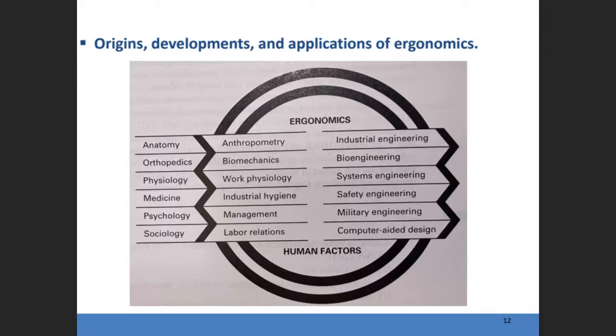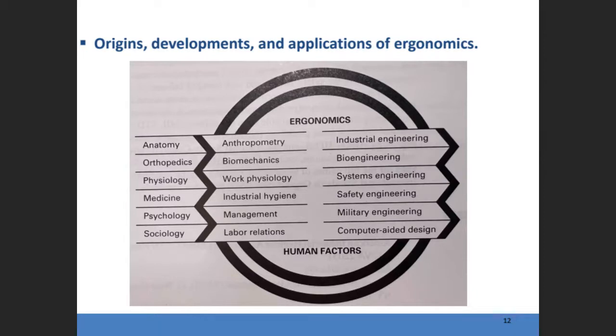Now, in this slide here, we see the origins, the development, and the applications of ergonomics from left to right. Anatomy, the science of dissection. From the development of anatomy we had anthropometry, the measurements of the human body.